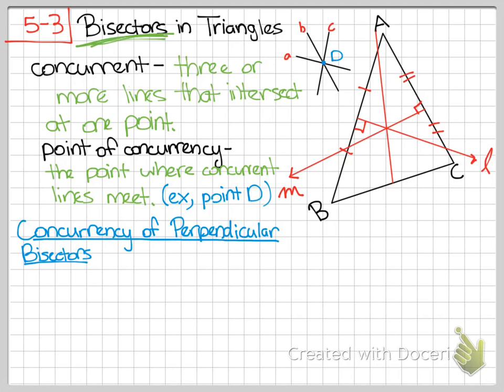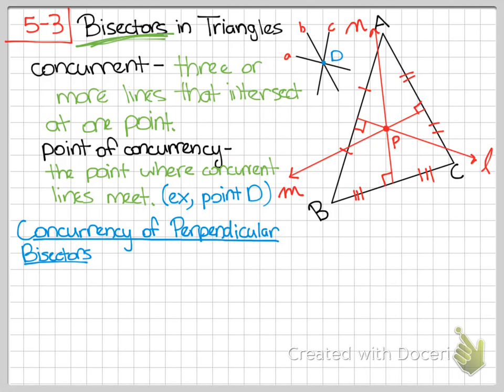There is about the perpendicular bisector of the third side. We'll call that line N. It's perpendicular to side BC, and it also bisects it. You can see that all three of those perpendicular bisectors meet in one point, this point here. We'll call that point P.